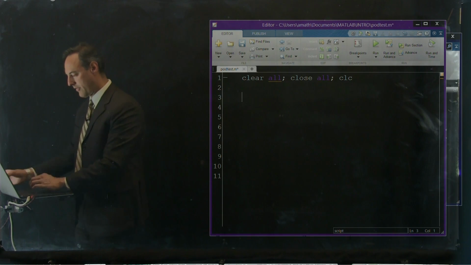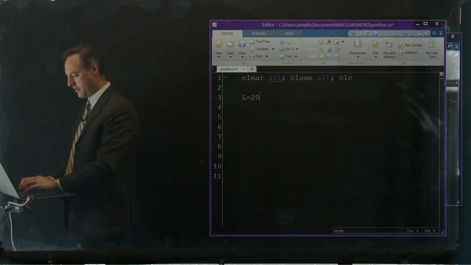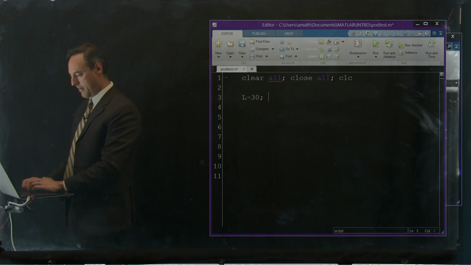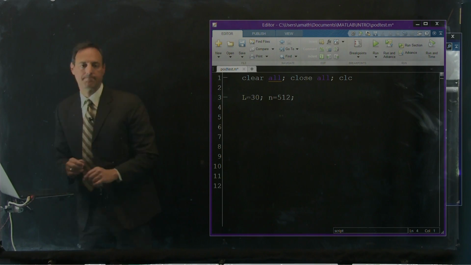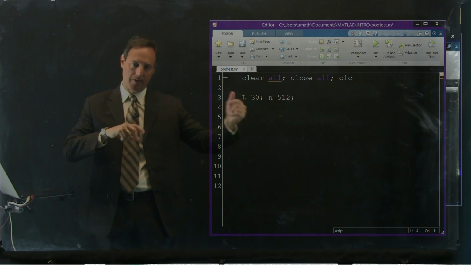All right, so first of all, we're going to define a domain to be on. Let's say L equals 30. And I'm going to chop this up into 512 points. Okay, so I picked a domain, and I'm going to chop it up into 512 points.